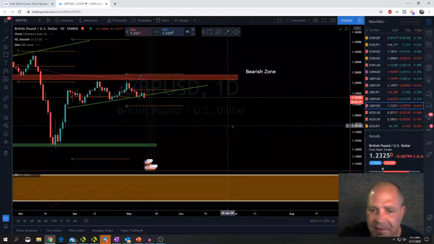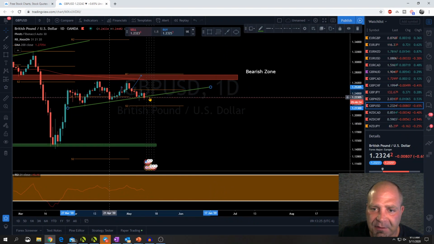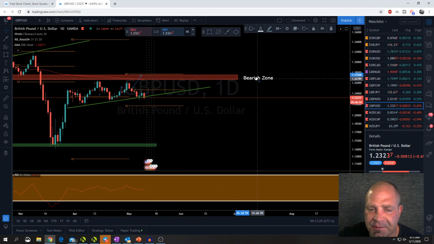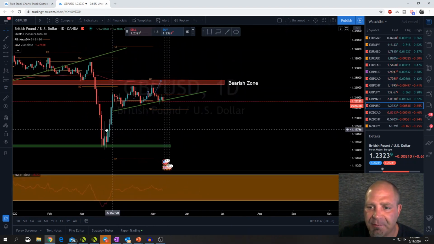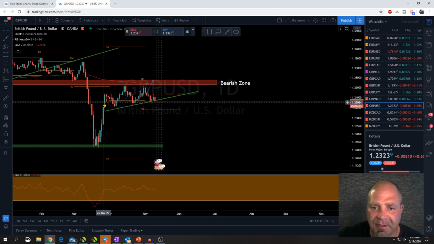Okay, British pound, US dollar. Okay, are we going to get a break of this trend line? It looks like it. So all you trend line breaker trades, trend line break traders, you have a hot one here.